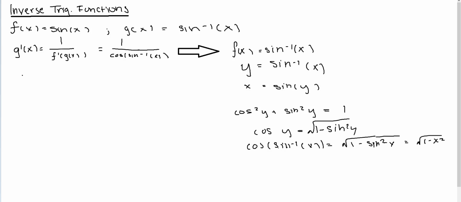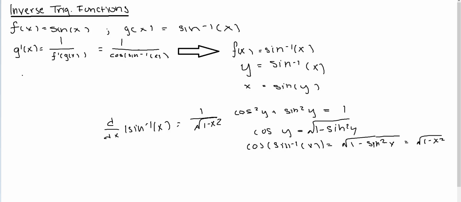So this means that the derivative of the arcsine x is going to equal 1 over the square root of 1 minus x squared.